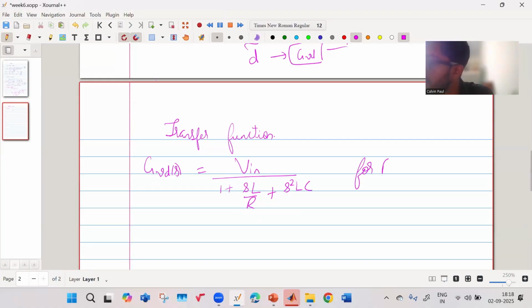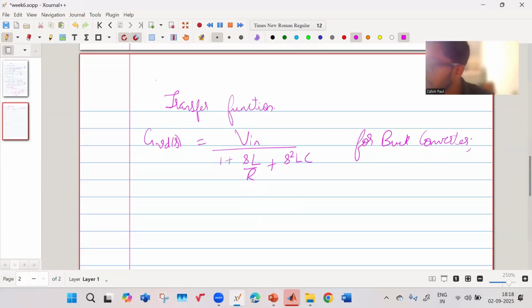This is for a buck converter. So this is your GVD of S, which is V output tilde of S upon D tilde of S. Okay. Now, what you must understand is, what is the DC gain of this?